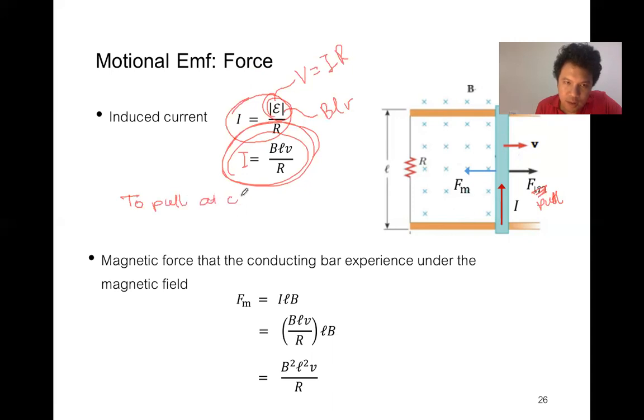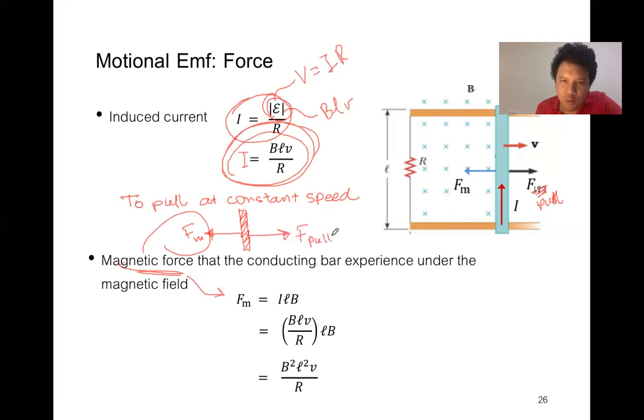So to pull at constant speed, we need to consider the equilibrium. The magnetic force Fm should be equal to the force that we pull the bar. So F pull should be equal to the magnetic force.